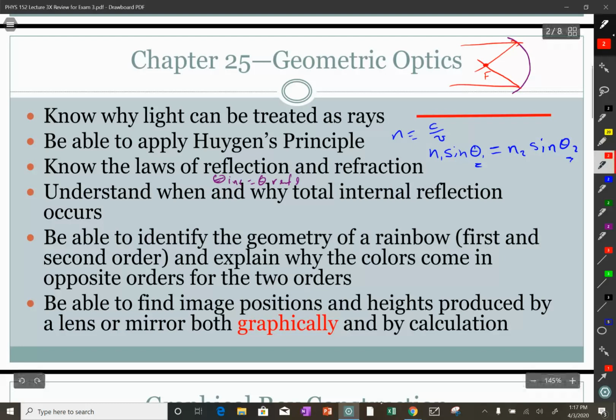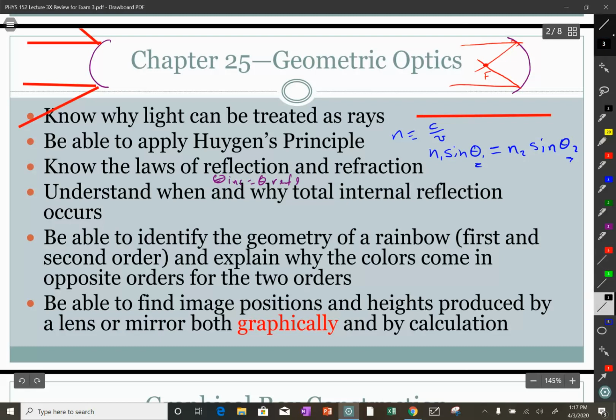So what if I have a mirror that is convex instead of concave? Then if I have incident parallel light, that second one wasn't very good, it will reflect away. And so it doesn't come to a focus, right?